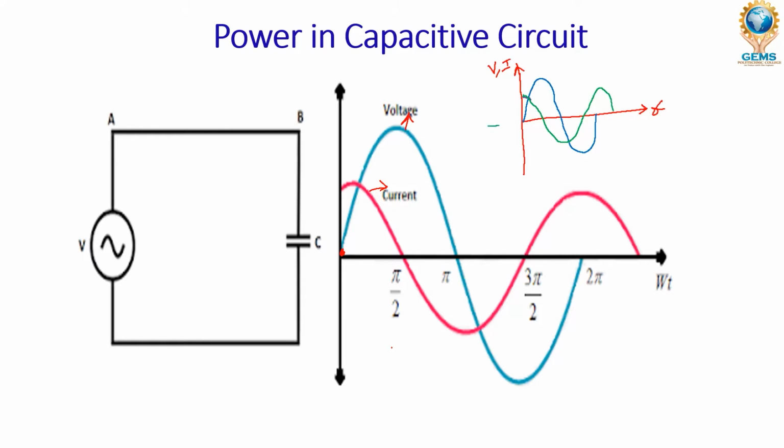If you see properly, actually it is going to start here, then only it will reach to here. Means in capacitive circuit, this is the voltage, this is the current. Voltage is started at 0, current is started 90 degrees earlier.